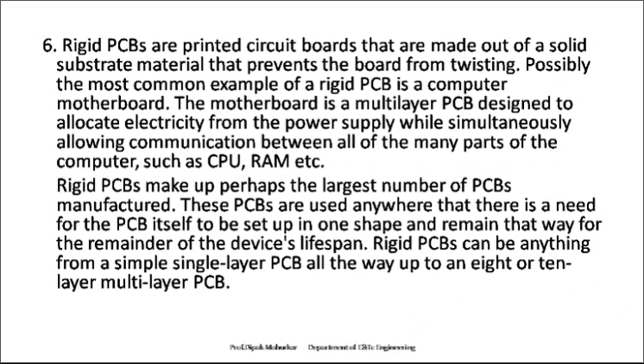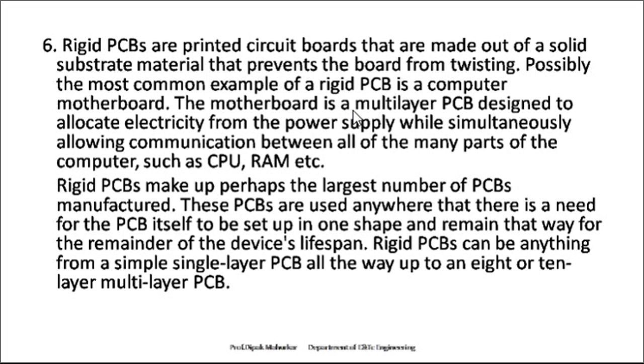Then the next type is your rigid PCB. Rigid PCBs are printed circuit boards made out of a solid substrate material that prevents the board from twisting. Possibly the most common example of a rigid PCB is the computer motherboard.